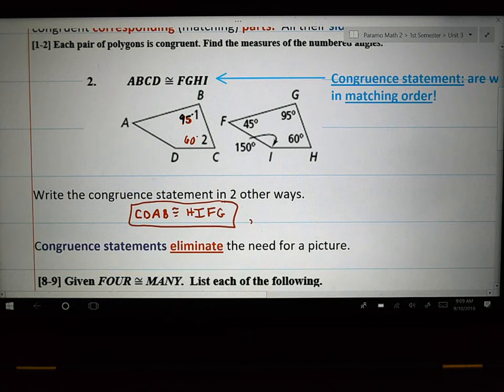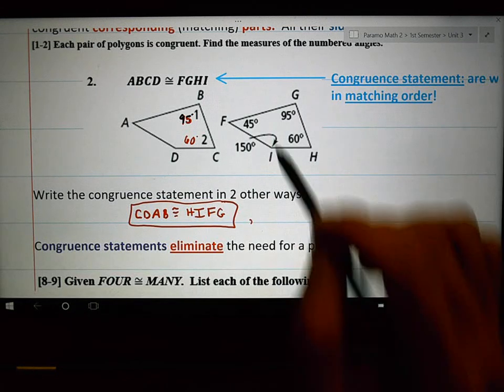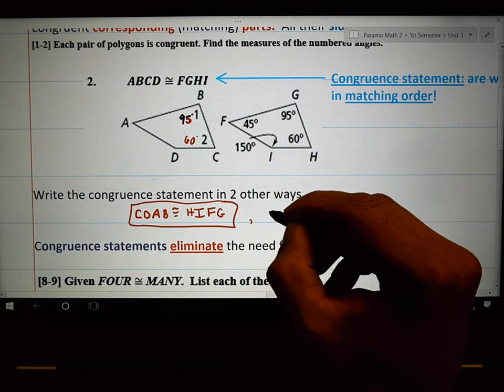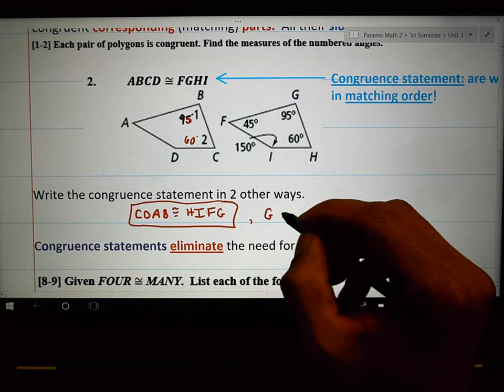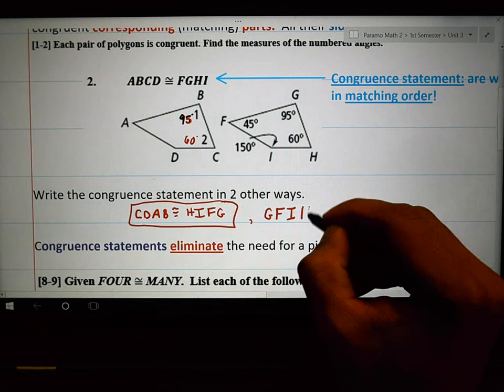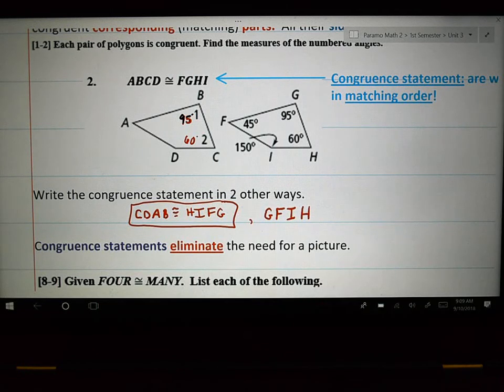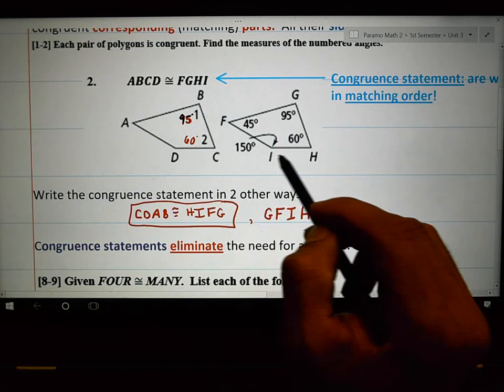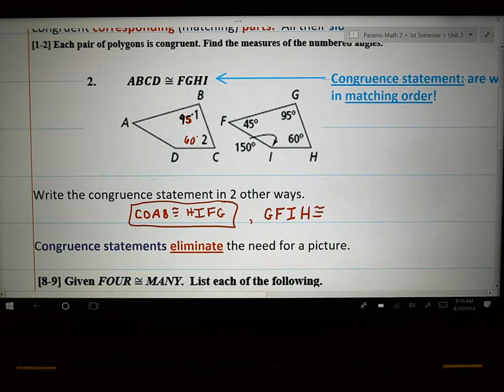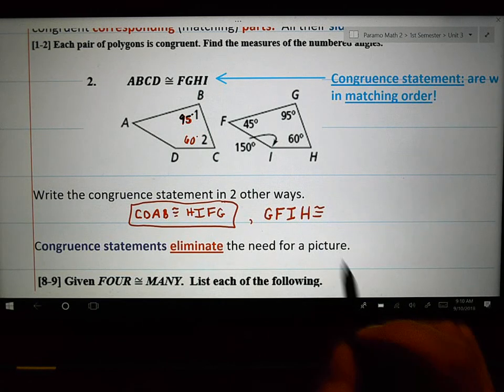There's a lot of different possible answers. You can even start with the one on the right. If you said G and you went this way, F, I, H. If you went G, F, I, H is congruent to, then everything else has to match. What matches with G?